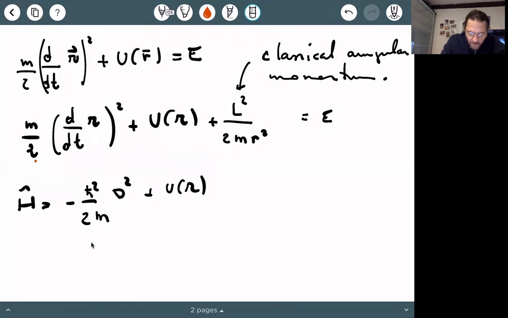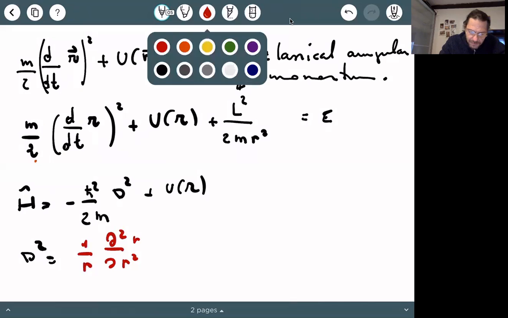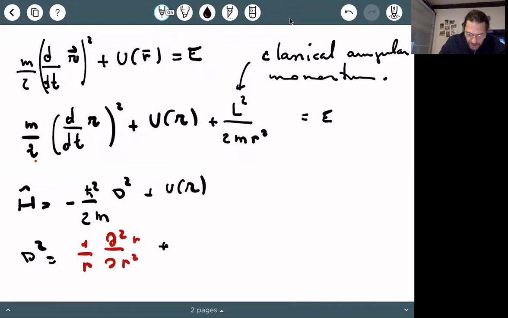The key observation was that if you go to polar coordinates, the Laplacian translates into a term that depends only on the radial distance, plus a term that depends parametrically on distance but only involves derivatives with respect to angles.